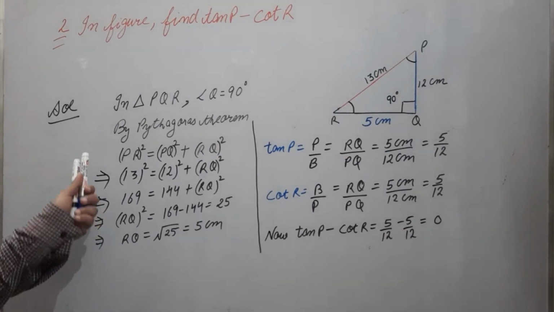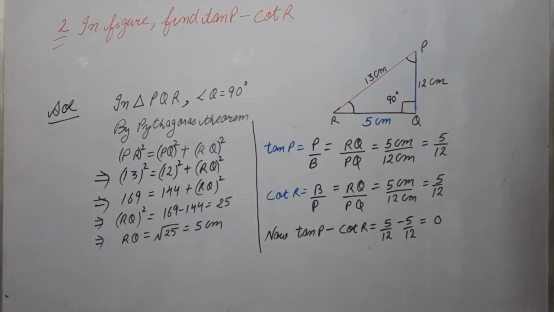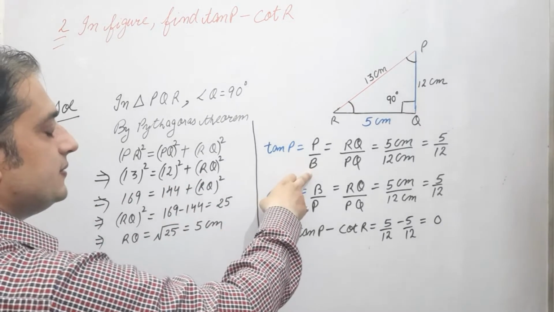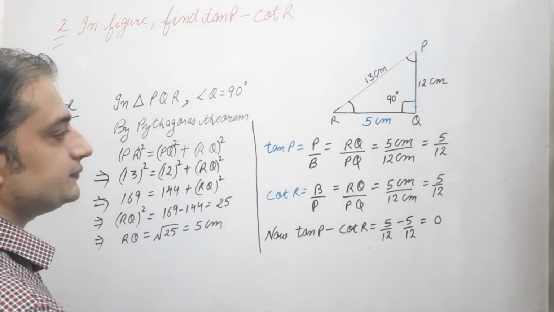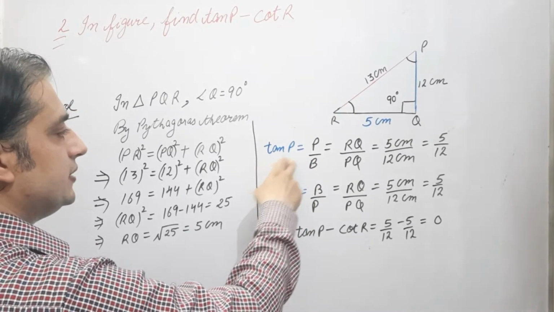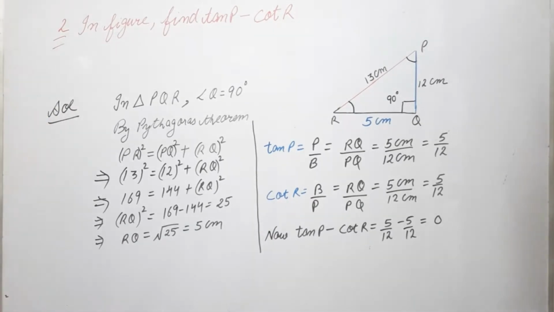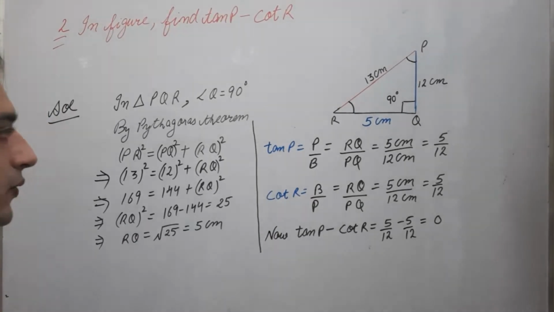So first of all, use the Pythagoras theorem to find the third side. Then for the T ratio, always remember the lengths of the sides. For tangent you need perpendicular by base, for cotangent base by perpendicular, right?